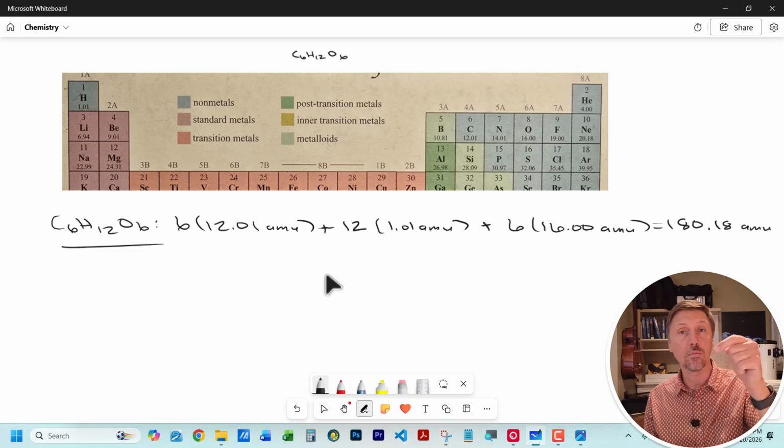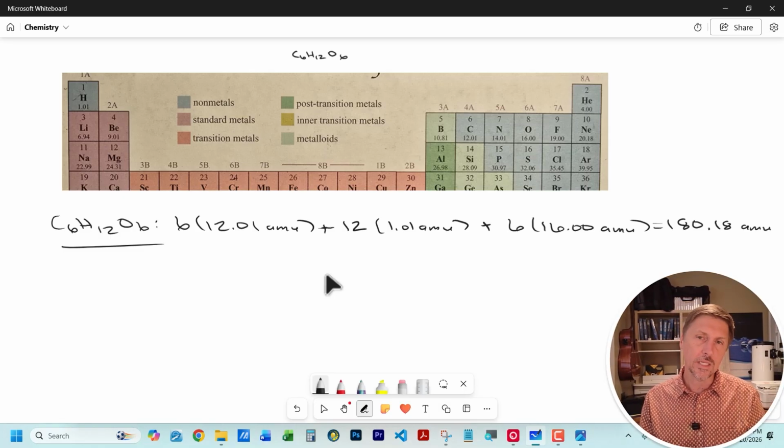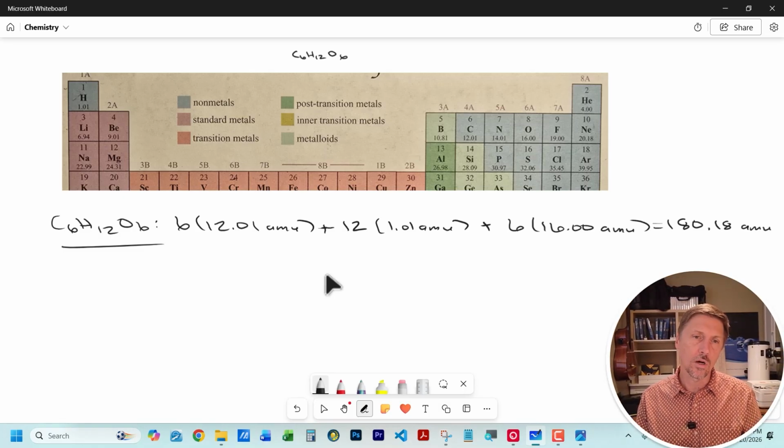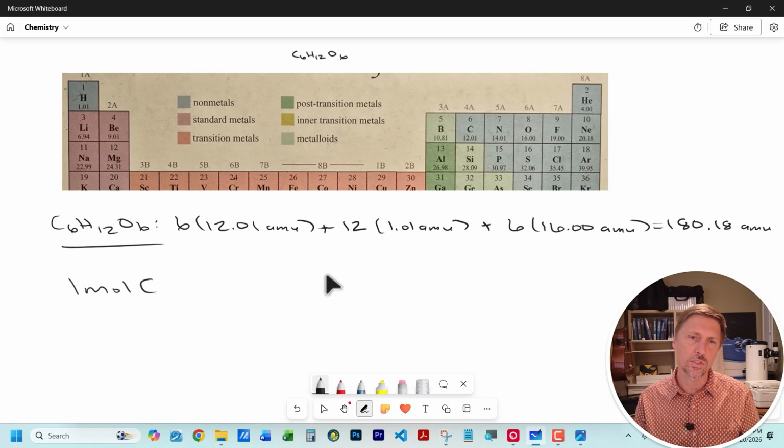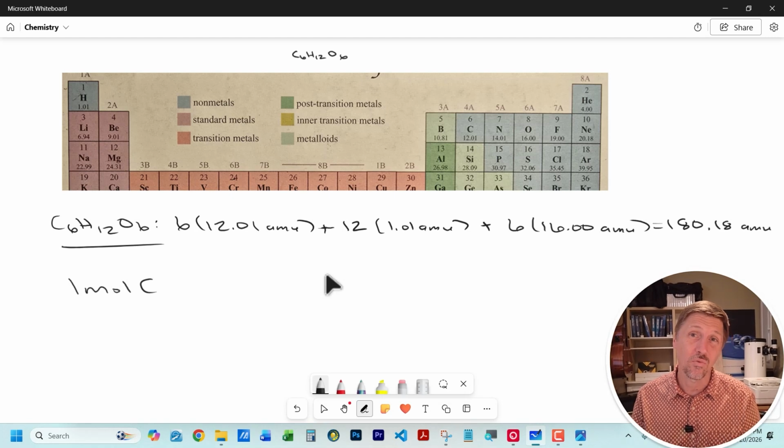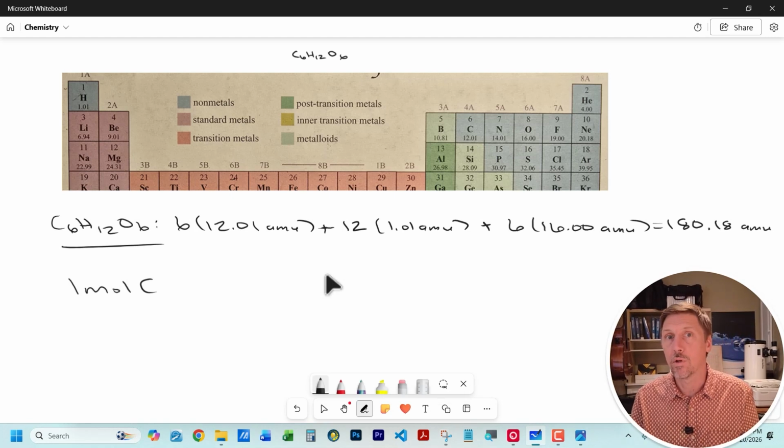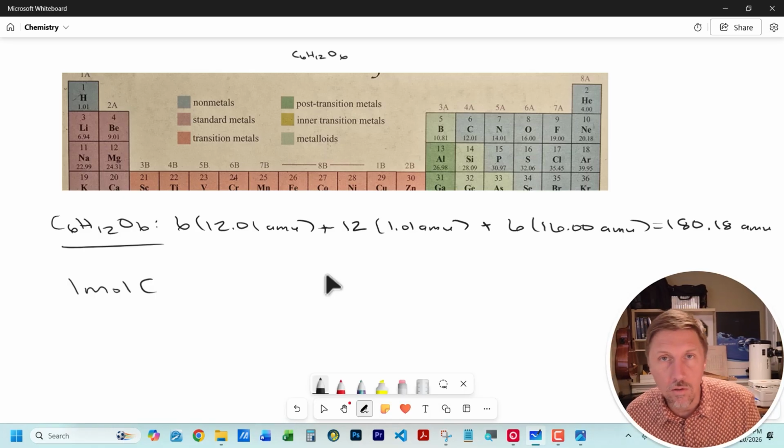We said that number has 2 meanings, the number beneath it. The other meaning is that if I have 1 mole of carbon atoms, and I'm going to abbreviate mole just MOL. I know that I'm only saving myself 1 letter, but when you write it over and over again, that 1 letter matters. If you see MOL, I mean mole.